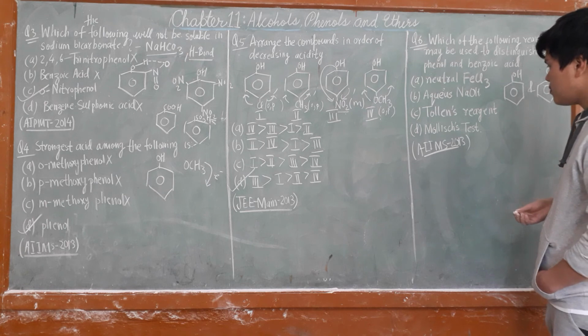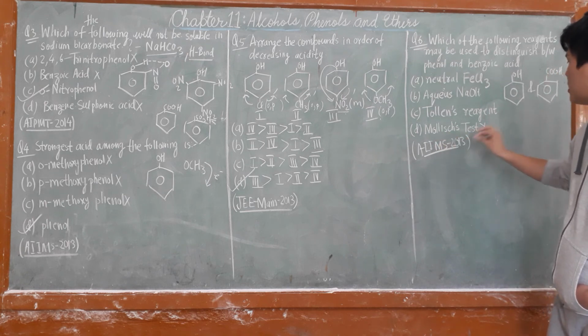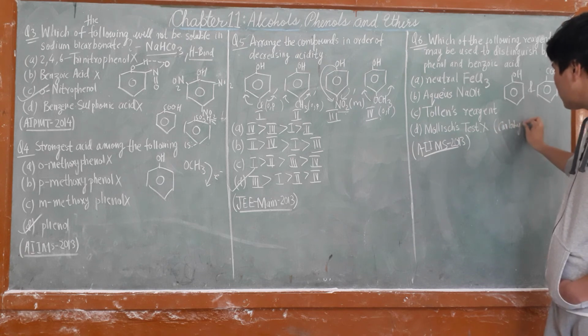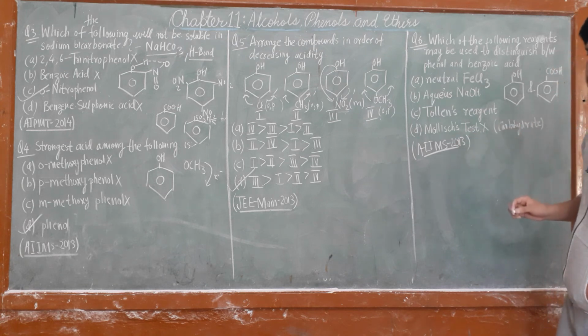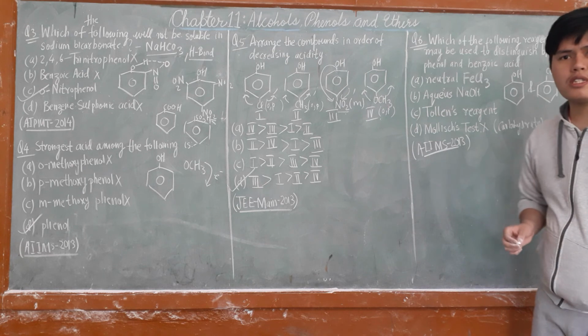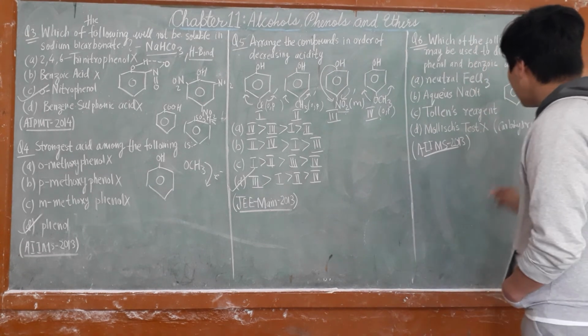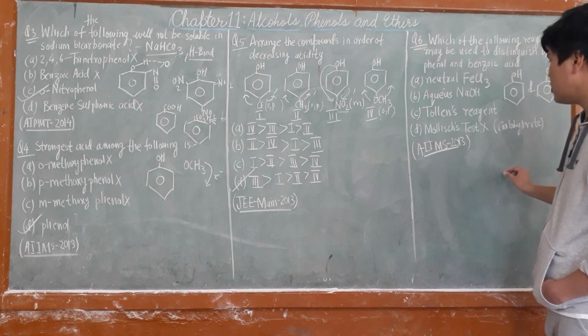Now, the Molisch test? Molisch test is a carbohydrate test, so this is not the answer. Tollens reagent is used to distinguish between aldehyde and ketone.